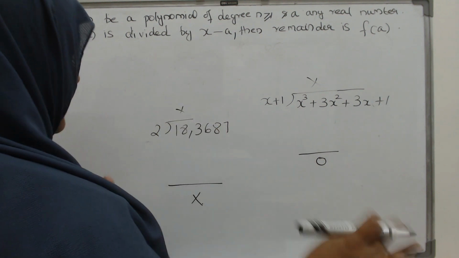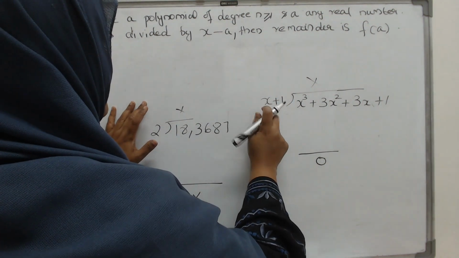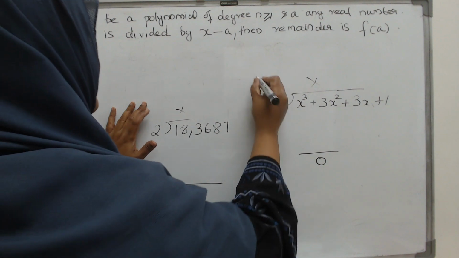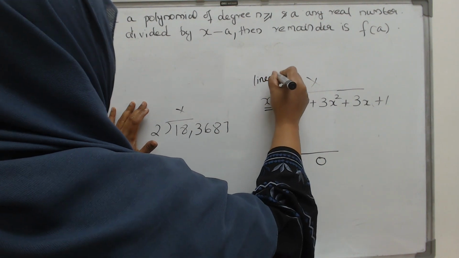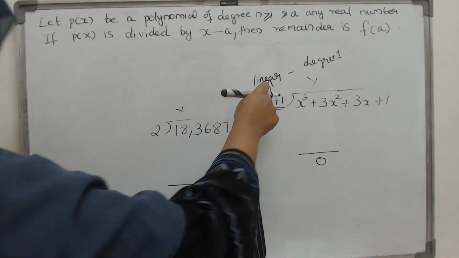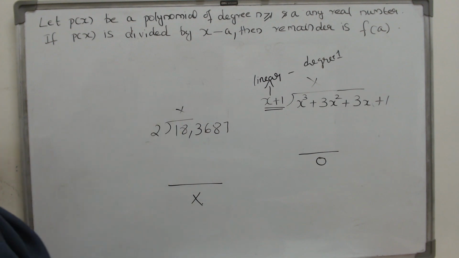So that is a big disadvantage. And what is the second disadvantage? It works only when your divisor is a linear polynomial, or in other words, its degree is 1. Your divisor should be of degree 1. That again is another disadvantage.